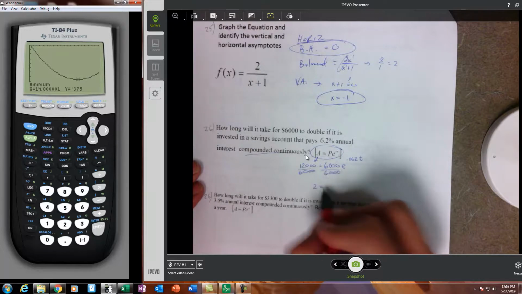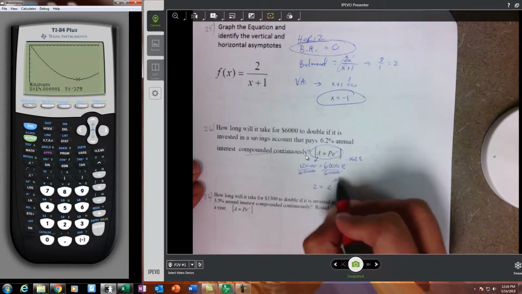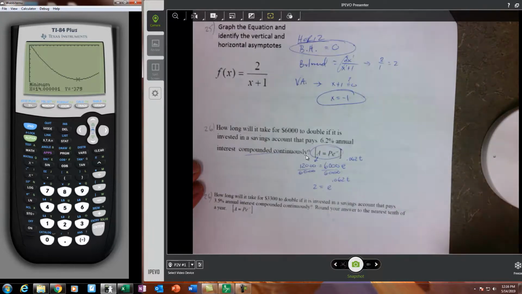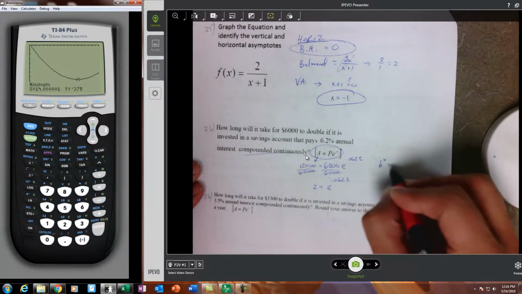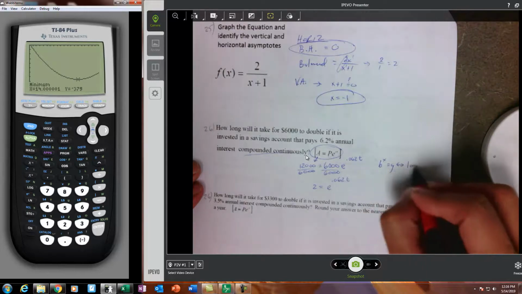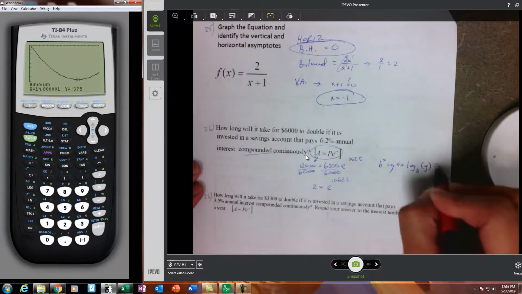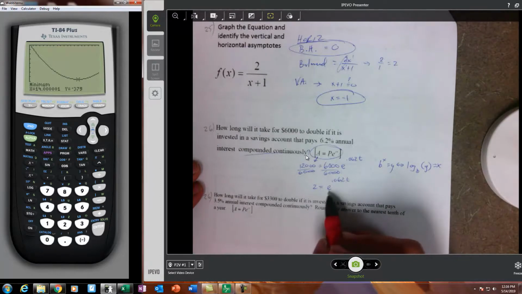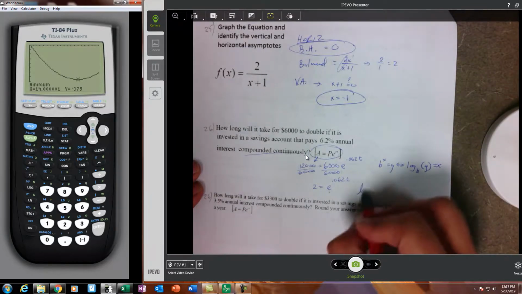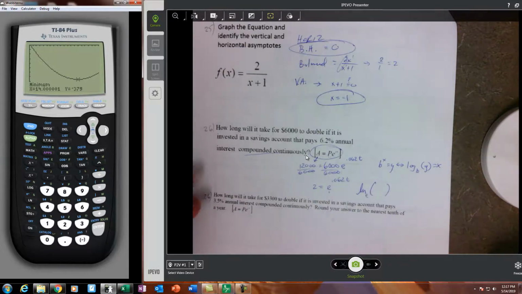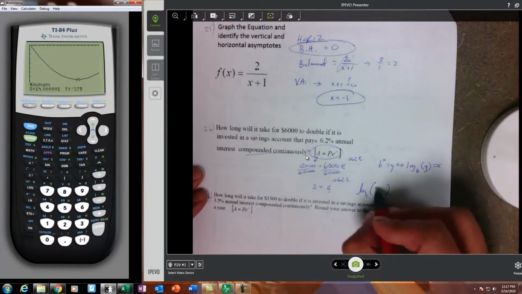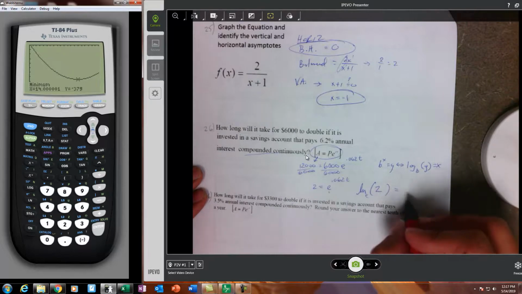So now we got 2 equals e to the 0.062t. This is a logarithmic problem. So remember that b to the x equals y is interchangeable with log base b of y equals x. Now because this is a base e, we can use the ln button because that's automatically base e. The ln of the other side of the equal sign always equals the exponent 0.062t.